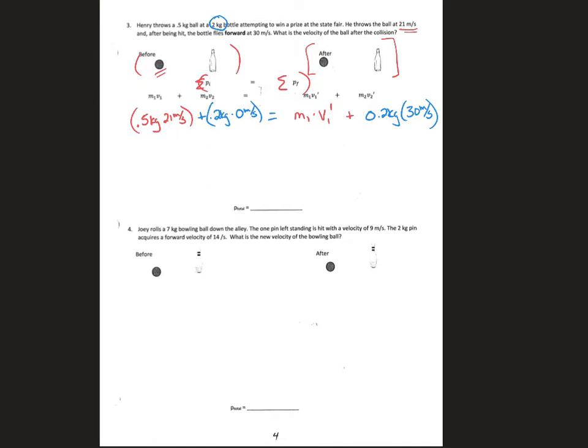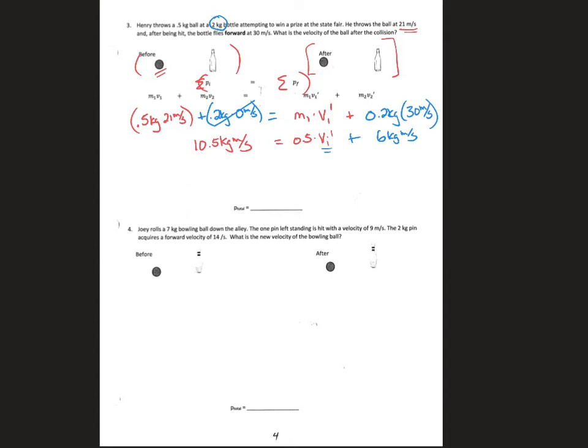Okay, so let's do some simplifying on the left-hand side. Half of 21 is 10.5 kilograms times meters per second. The 2 times 0, of course, does not contribute. Let's put in the mass of the ball, 0.5 times v1 prime. But let's simplify 0.2 times 30, or a fifth of 30, that's 6 momentum units.